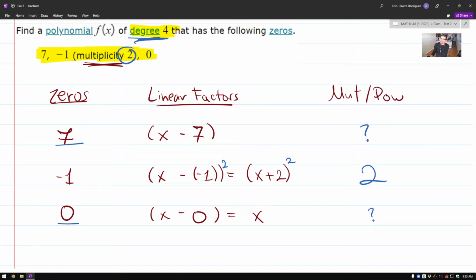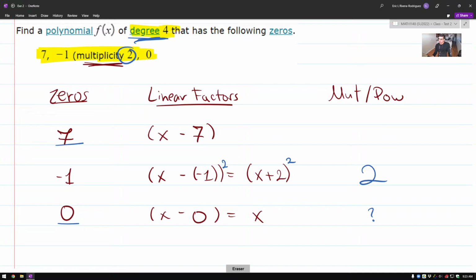So what will you do in this case? What are the possibilities that we have? One, for which zero? x minus 7.